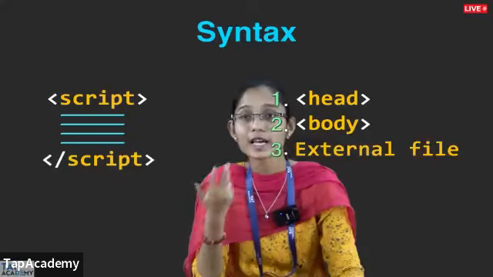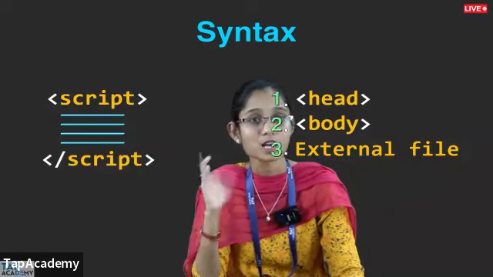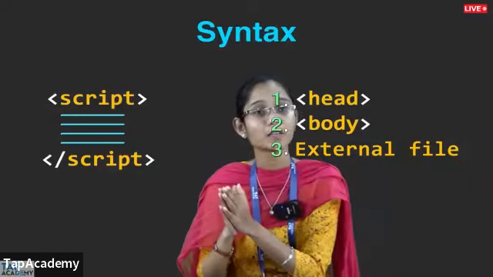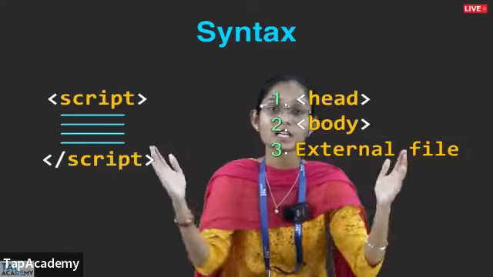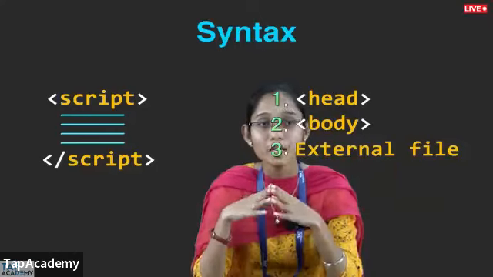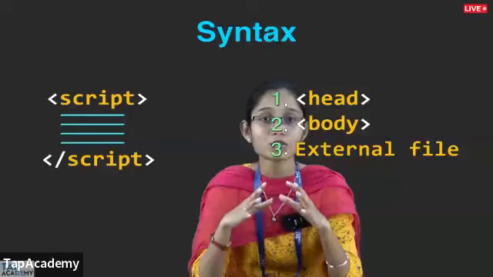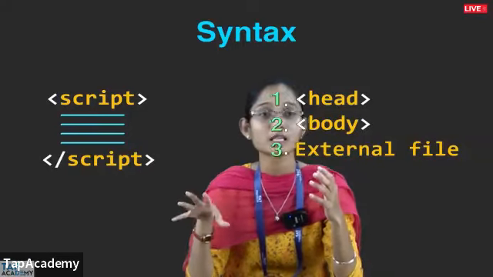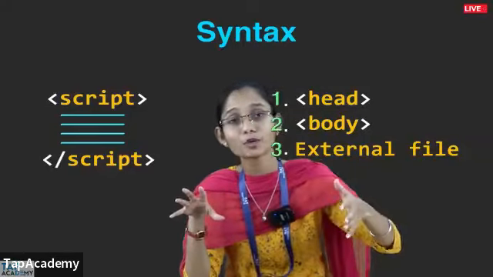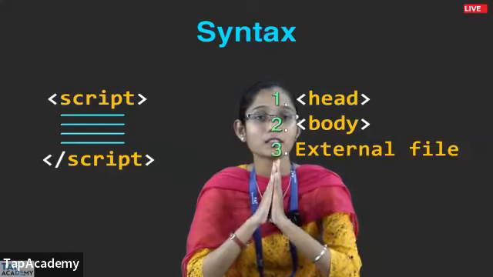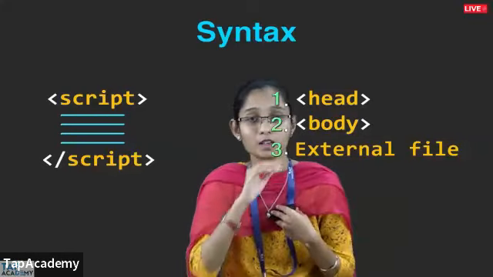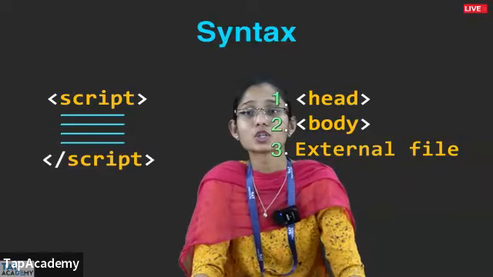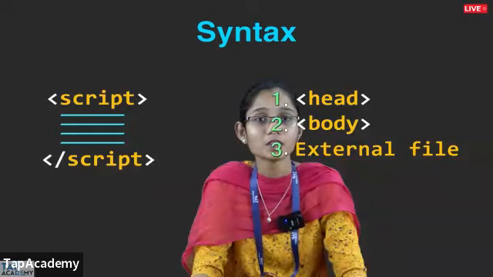Same like in CSS, how a separate content file and a separate CSS file will be there, and you attach both of them, even here, external means content you can keep separate, JavaScript you can keep separate, and you can link that particular thing.